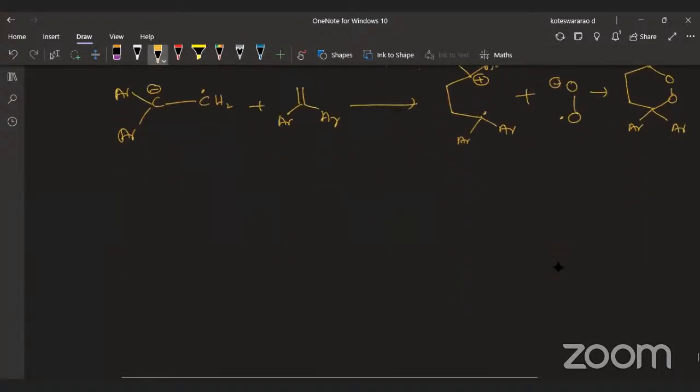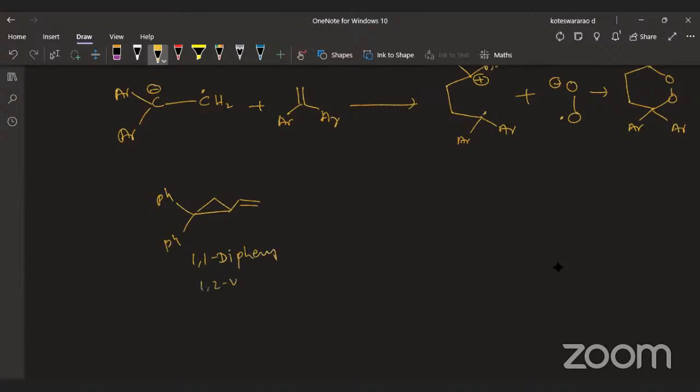Some other examples, if you take a three-member ring, 1,1-diphenyl-2-vinylcyclopropane, under the same reaction conditions, it leads to the formation of a five-member ring with two oxygen heteroatoms.